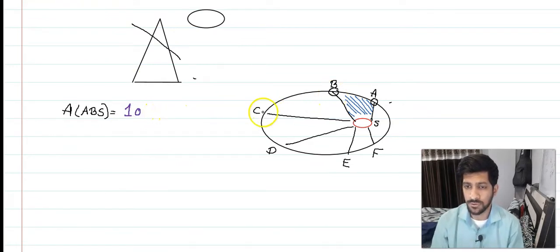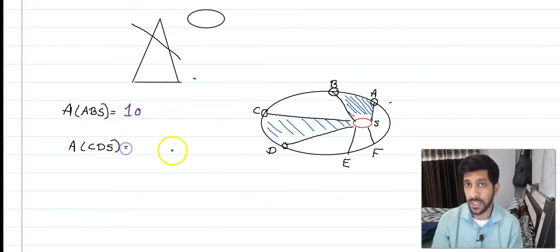Now if the planet goes to the C position, from C to D, again I calculate the area of this whole path. Here I am calculating the area of CDS. If you calculate it, the value will be the same as the first one, that is 10.